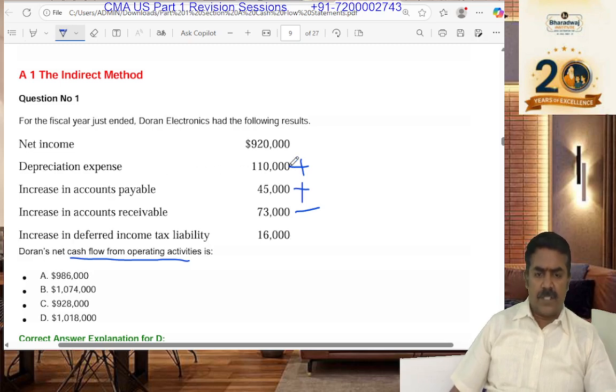I repeat, depreciation expense is non-cash, add. Increase in accounts payable, a current liability increase, you add. Current asset increases, minus. Current liability increases, you add. So what is the final answer?